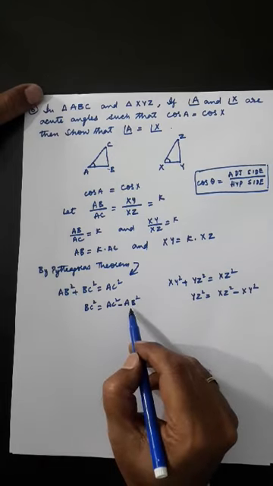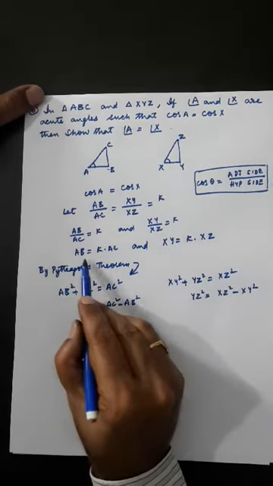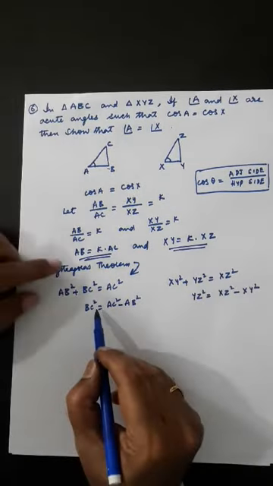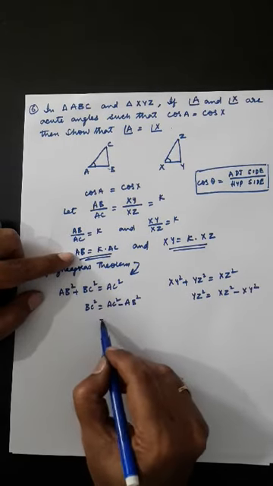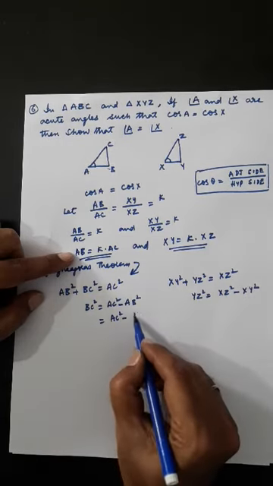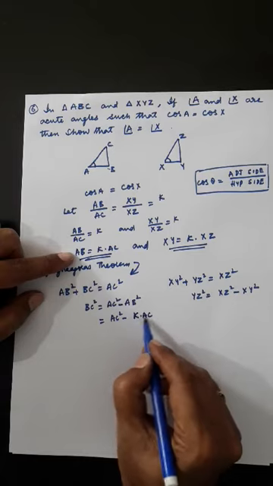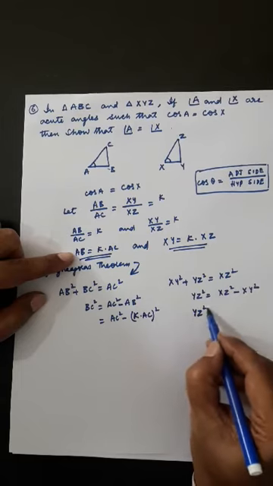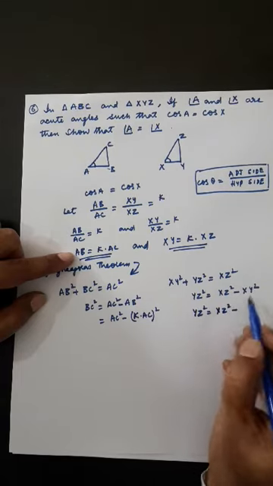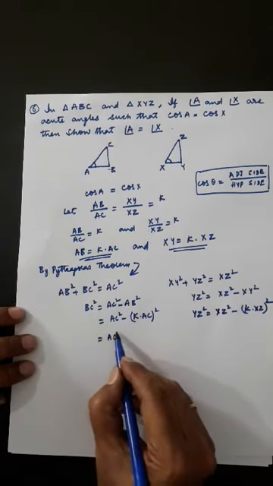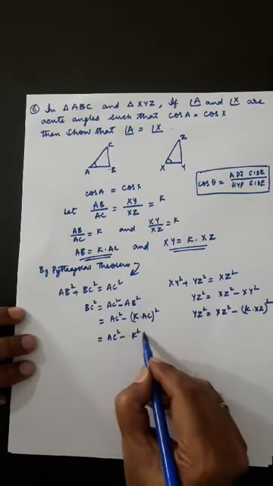We know AB equal to k AC, and we know XY equal to k XZ, so we'll substitute here. AB is k AC, so in place of AB we put k into AC square. Similarly, YZ square is equal to XZ square minus k square XZ square. Simplifying, BC square is AC square minus k square AC square.